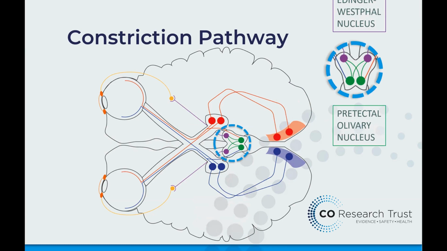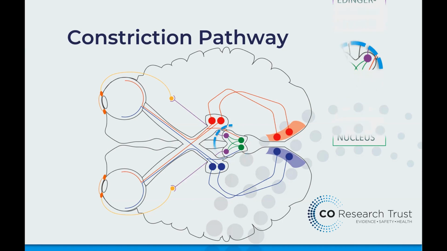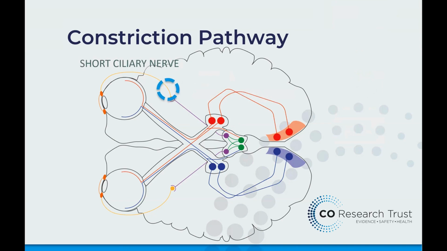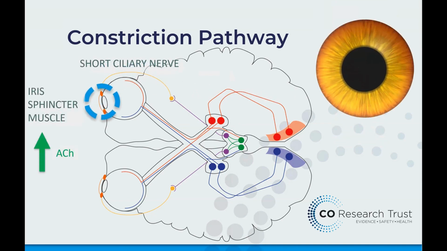Parasympathetic preganglionic fibers will then pass the signal along the oculomotor nerve before synapsing with the ciliary ganglion. From here, the signal is then passed along the postganglionic short ciliary nerves, which innervate the iris sphincter muscles, causing the release of acetylcholine at the neuromuscular junction and subsequent pupil constriction.